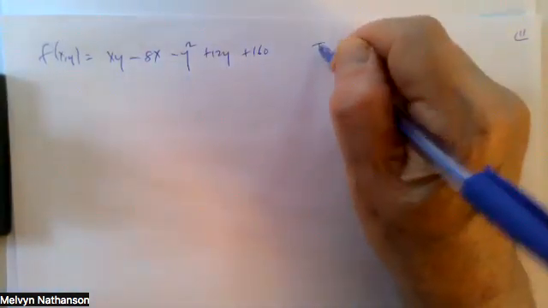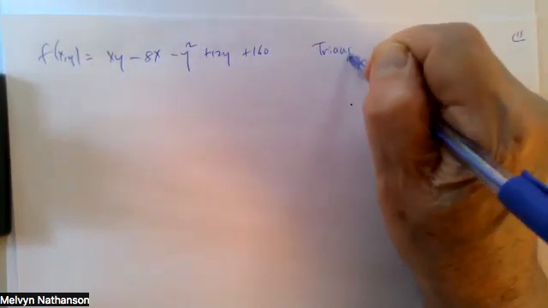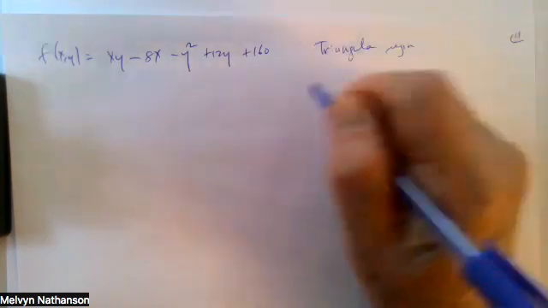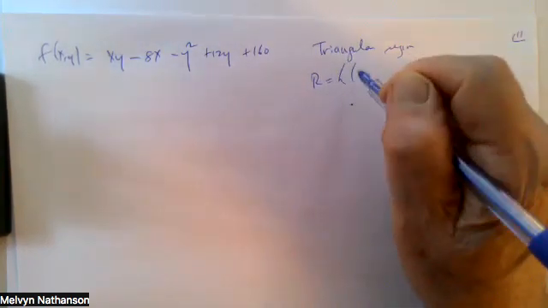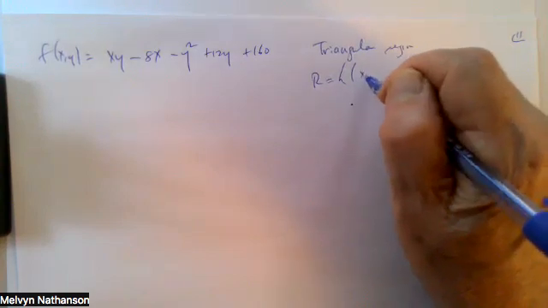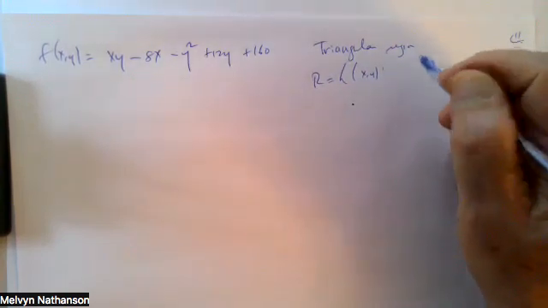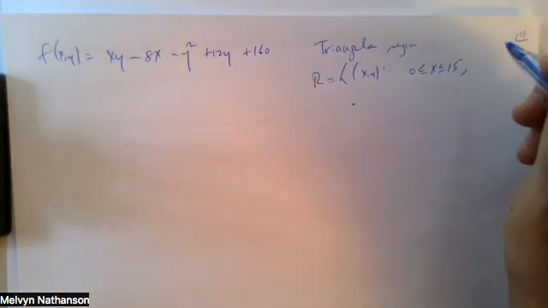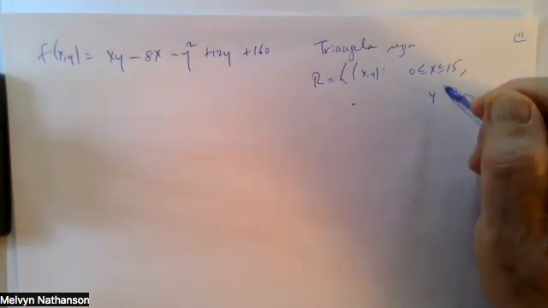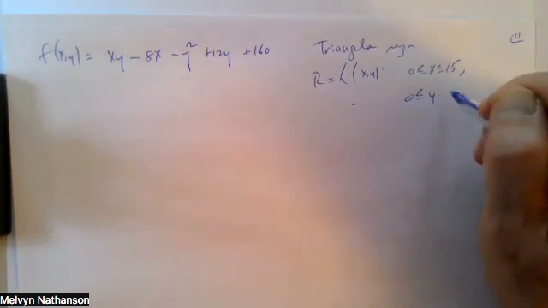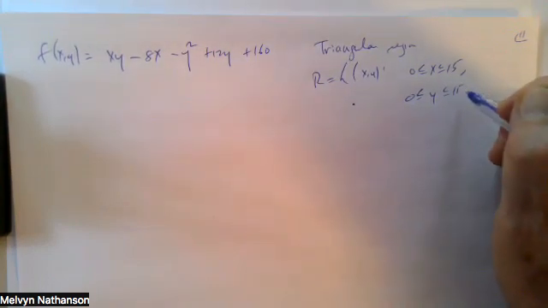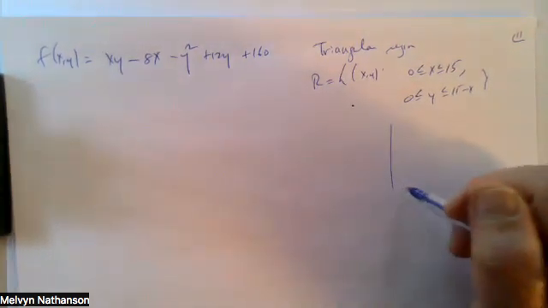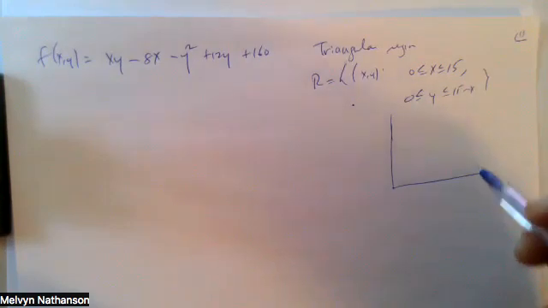And I want to consider the triangular shaped region R, which is going to be all points x, y in the plane where x is between 0 and 15, and y is between 0 and 15 minus x. So that region looks like this.